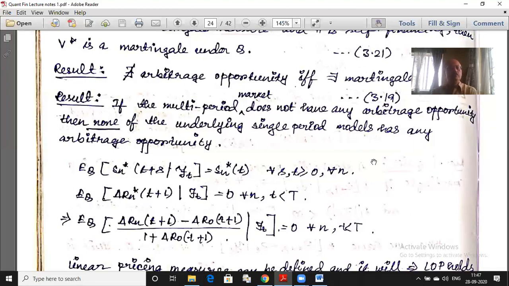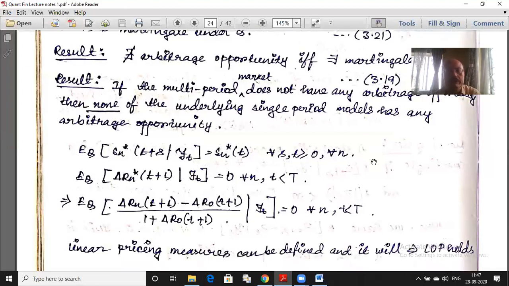Okay, so let me move on to a few of the consequences of this risk neutral measure definition and our additional symbols that we have defined. These are just straightforward.